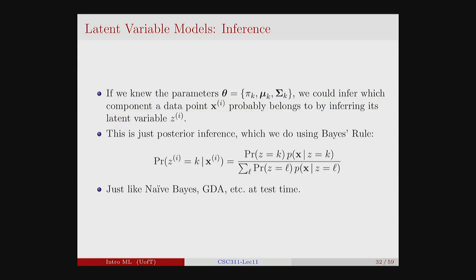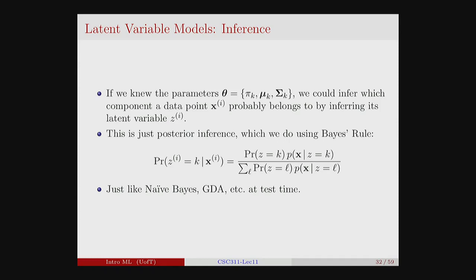So if we had some configuration of the parameters of this Gaussian mixture model, we can solve for p of zi equals k given xi for every xi. How do we do that? We just apply Bayes' rule. So p of zk times p of x given zk divided by the summation over z equals l of p of x given zl. So we can evaluate what this probability is for each of the different choices of z.